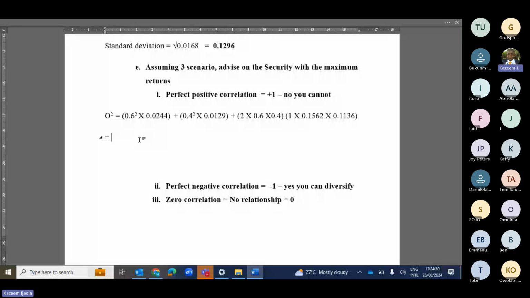Then it will now be 1 times 0.1562 times 0.1136. I got 0.019. Abi, is that what you got? Hello? Is that your answer? 0.019. Yeah.